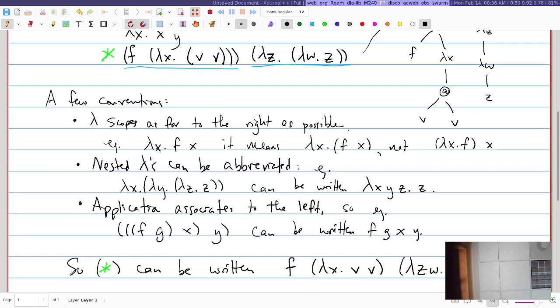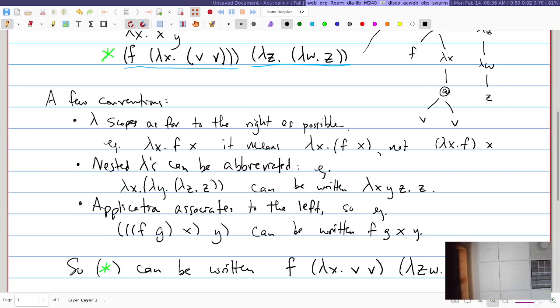I can't get rid of any more parentheses, because if I took these parentheses away, it would look like all of this stuff is part of this lambda, which it's not. And if I took these parentheses away, I guess it would look weird.